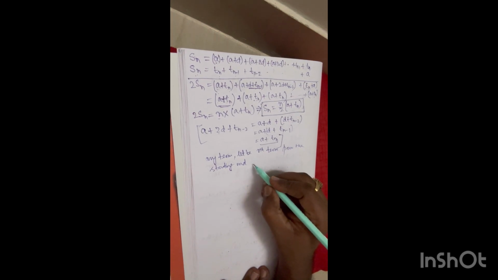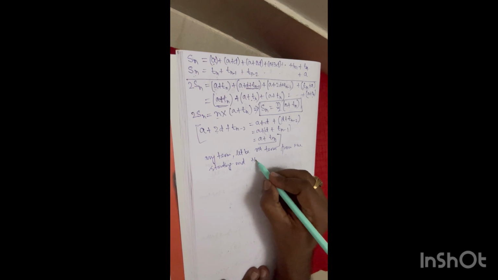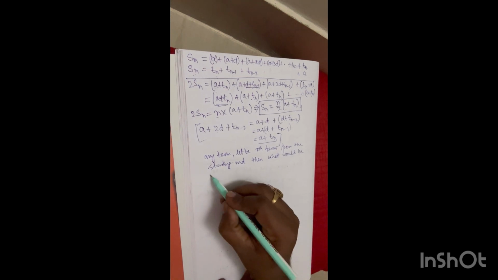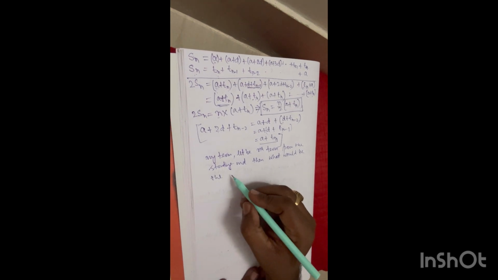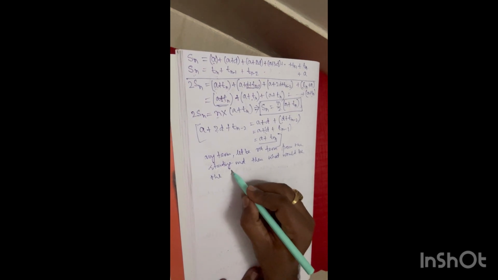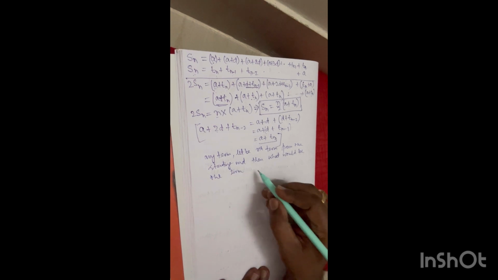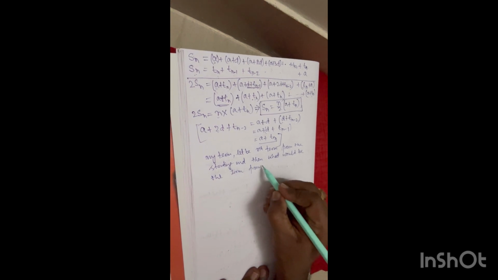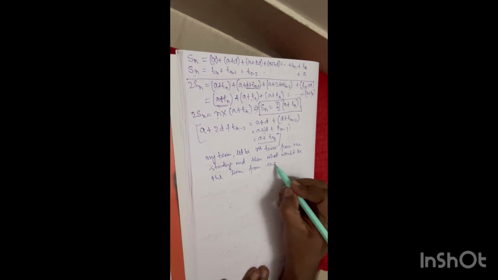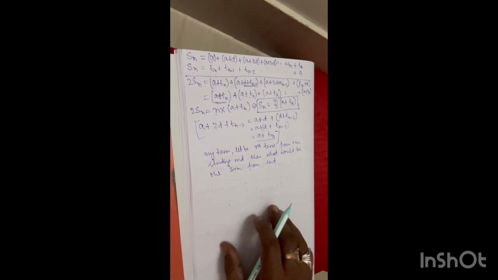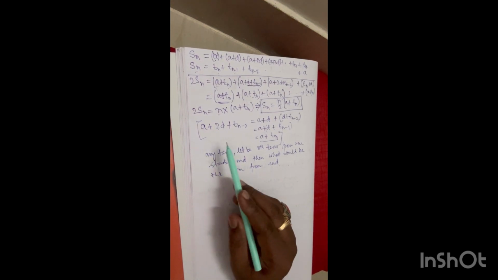If I know that rth term, then what would be the term number from the end? Now, I'm saying that the starting end means there are always two extremes.